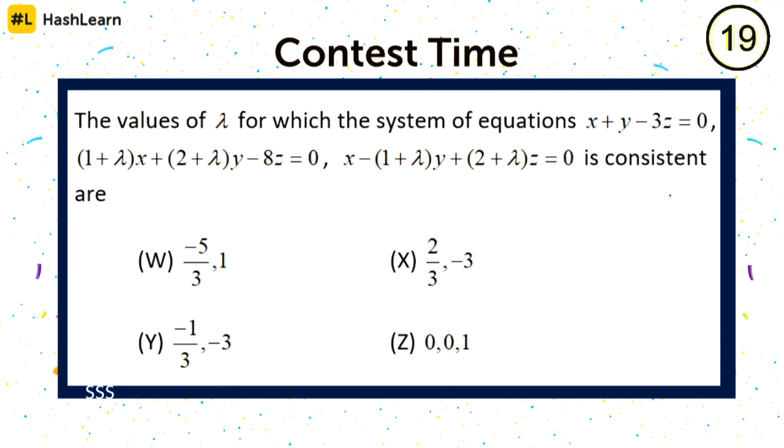You're left with 20 more seconds again. Value of lambda for which the system of equations is consistent. Yeah, it's time up, and winner will be announced only in the next class.